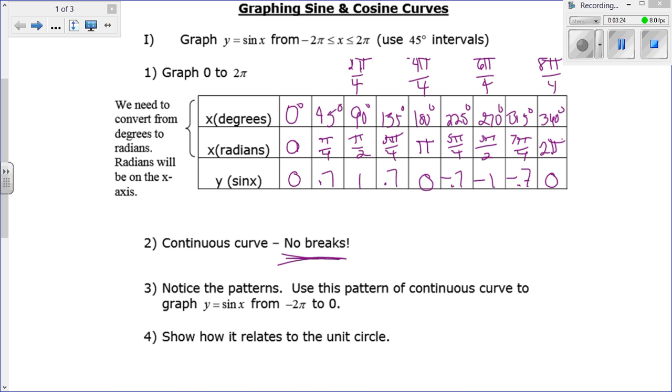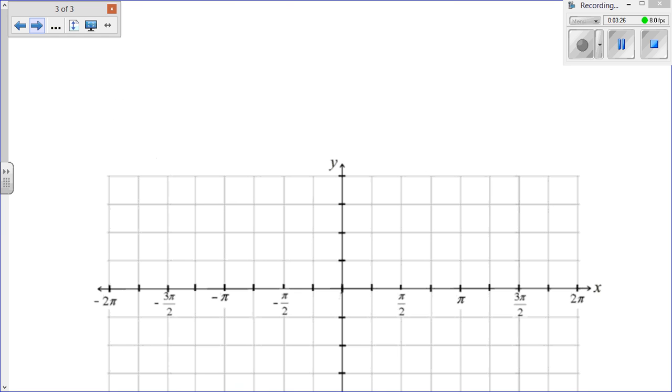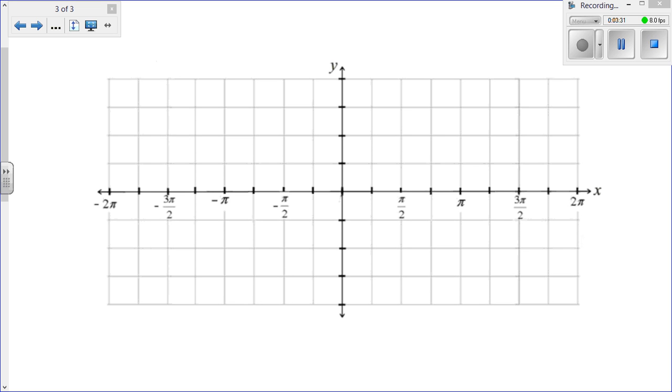So I have to go to the graph paper, which is the 3rd page into your packet. Get rid of these notes. When I graph, I have a point 0, 0. I'm going to make this 0.5, and this 1, and this negative 0.5, and this negative 1, just to make my graph look prettier.